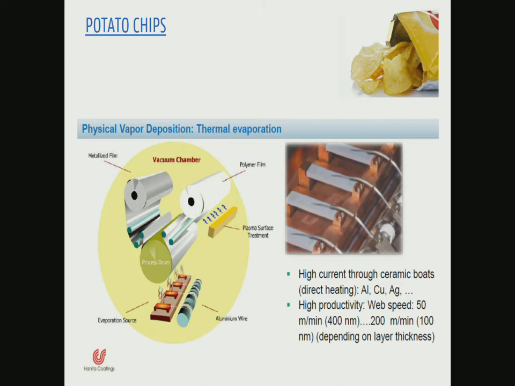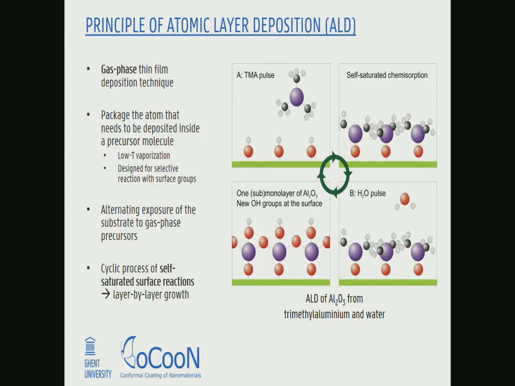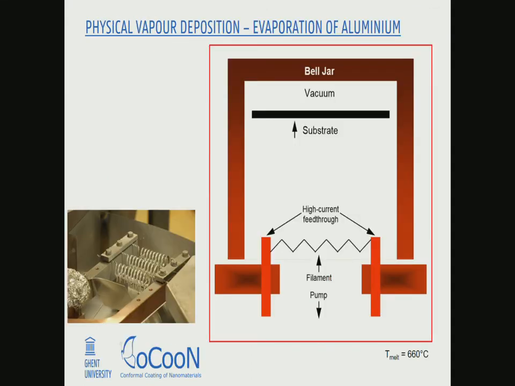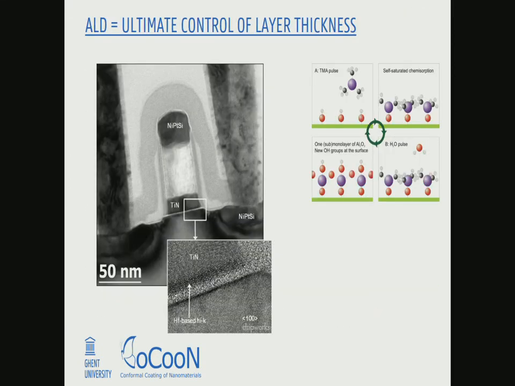Now that brings us back to the question, because in all honesty, it's a very nice process, but you will need this starting molecule, you need pulses of gases. It's probably much more complicated than just thermal evaporation. So you might wonder, why bother with this more complicated method? It offers two main advantages.